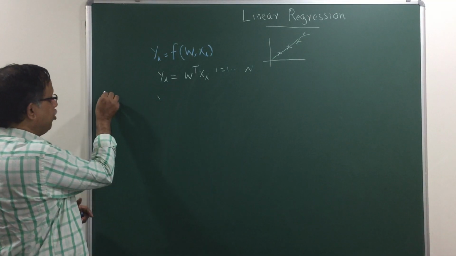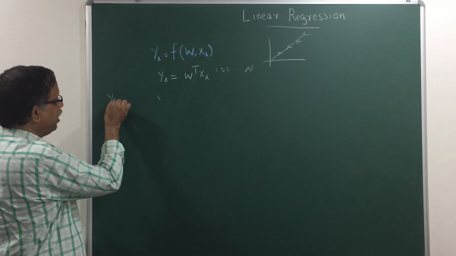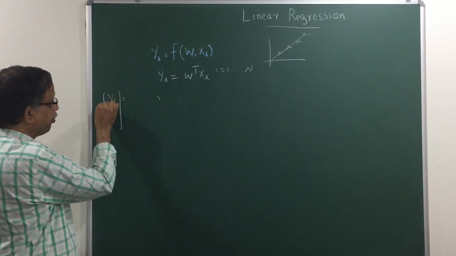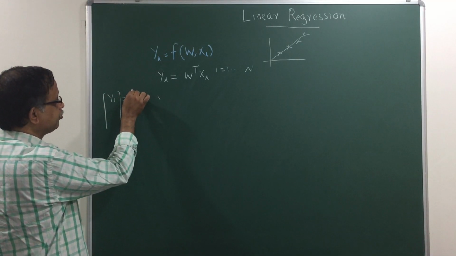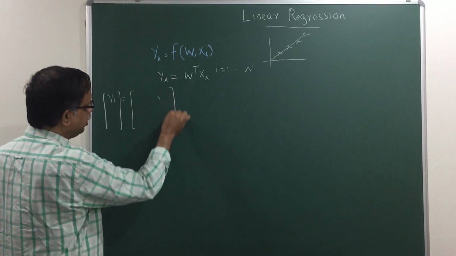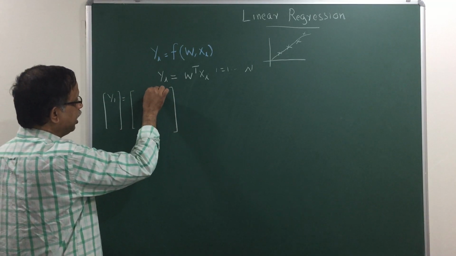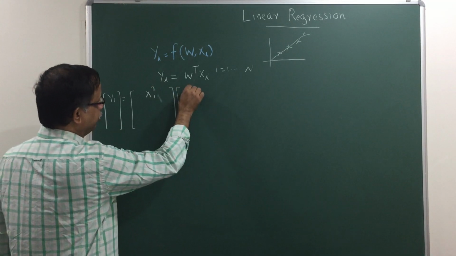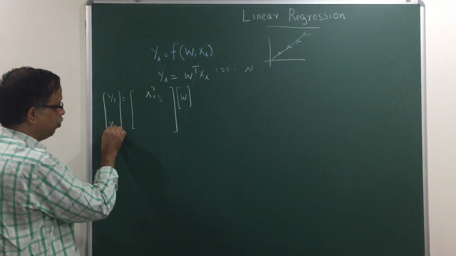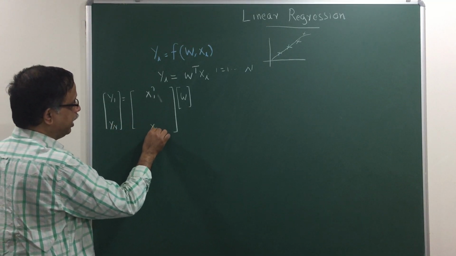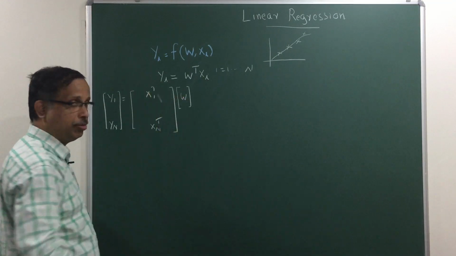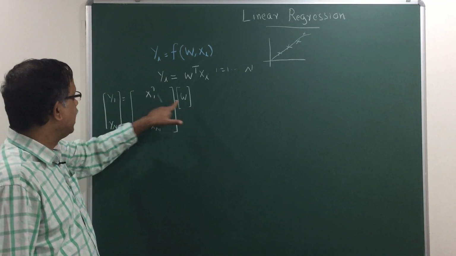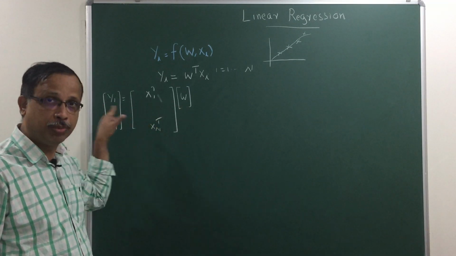We can write this problem in vector form as y1 is equal to x1 transpose w. Similarly, yn is equal to xn transpose w. Remember, you cannot possibly find a w that satisfies this equality for all the points.